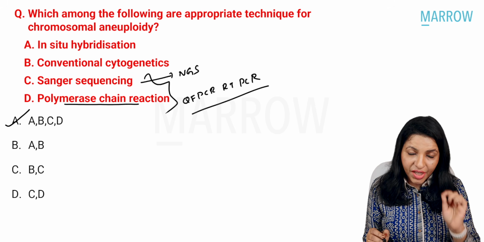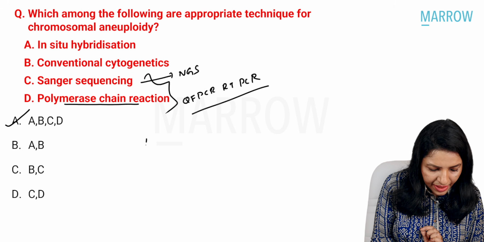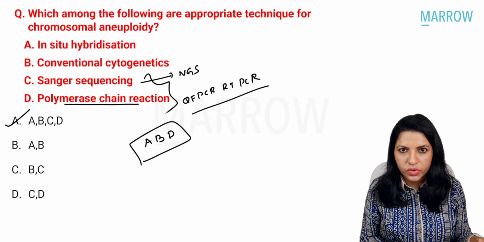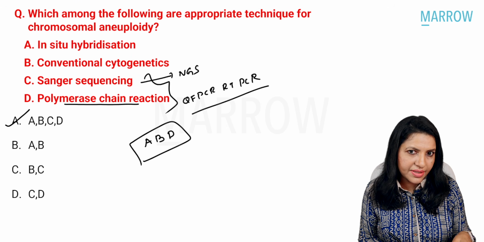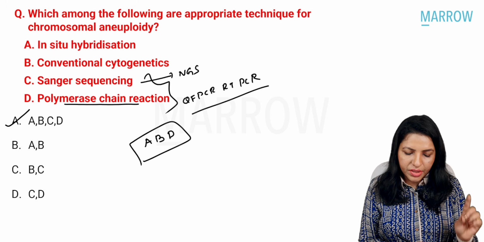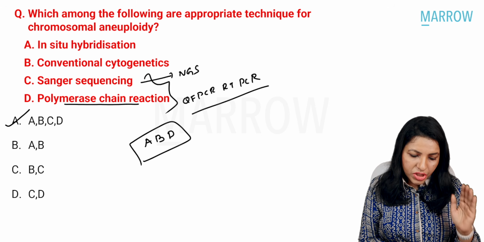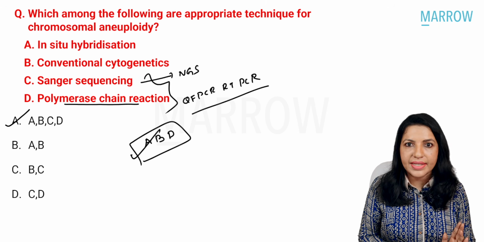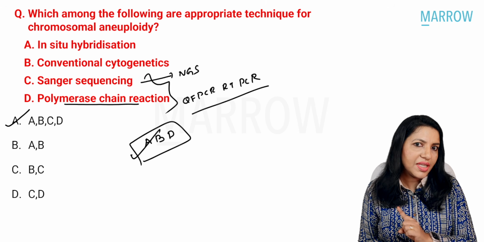But if there was an option called A, B and D, here I am not seeing those options. That's why I am not giving that answer here. So here I am giving A, B, C, D. If A, B, D was there in the option, I would choose that as the answer, not A, B, C, D, right?